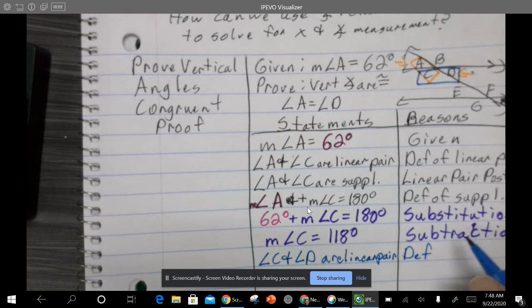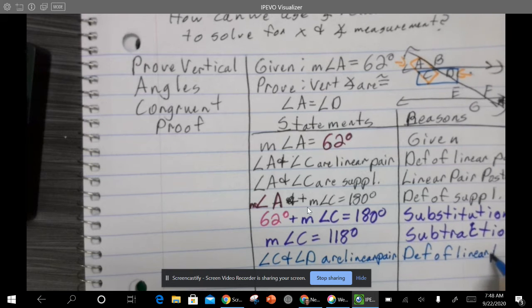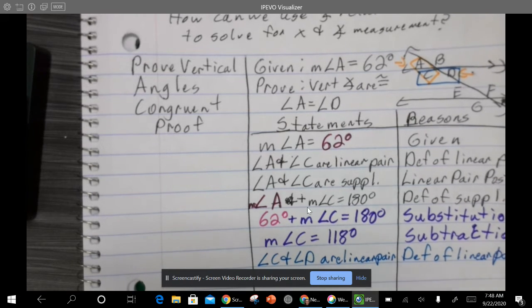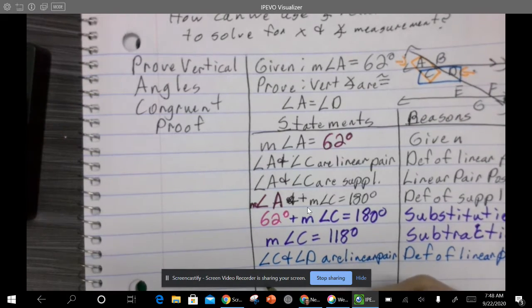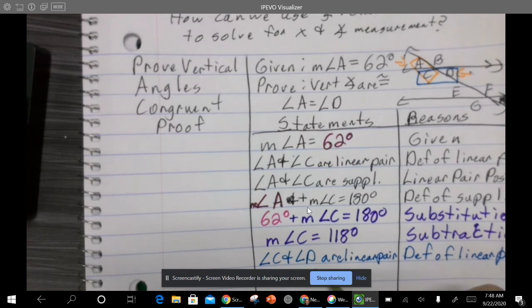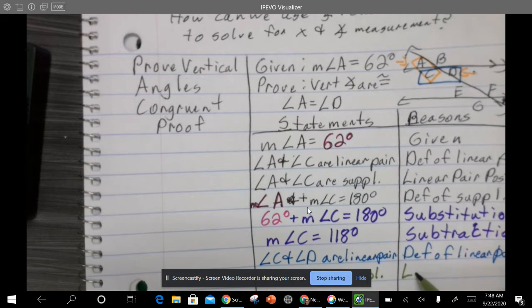So they're next to each other and they form a straight angle. Okay, and since they form a straight angle, they are supplementary. So angle C and angle D are supplementary. And that's our linear pair postulate.